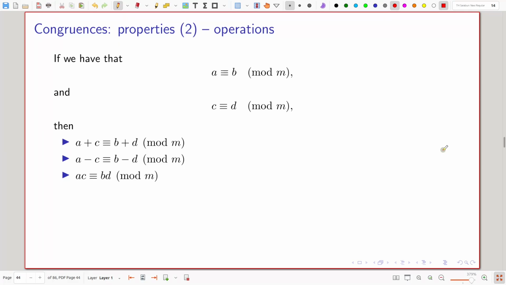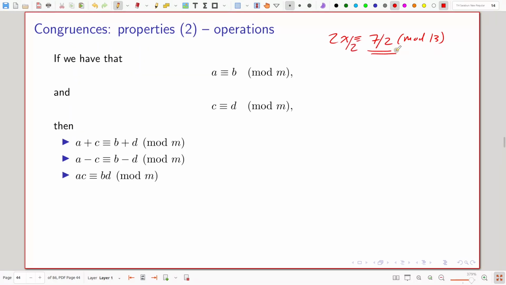If you want to solve equations, say 2x equals 7 mod 13, to do that you need to divide by 2, right? If you want to solve for x, you need to be able to get rid of the 2. And that's really hard because there's no division.